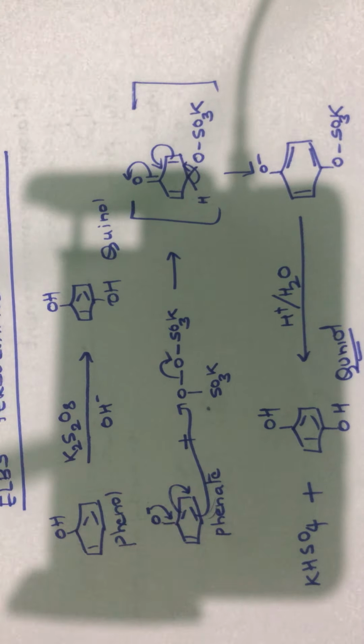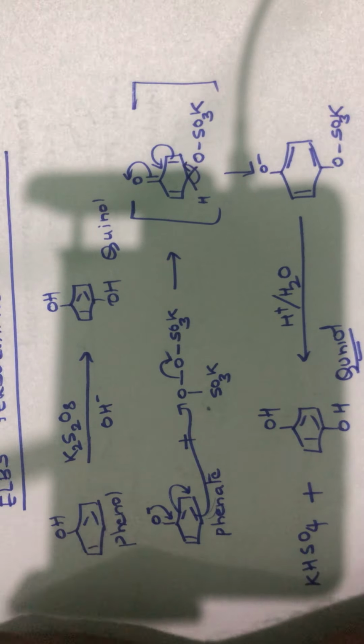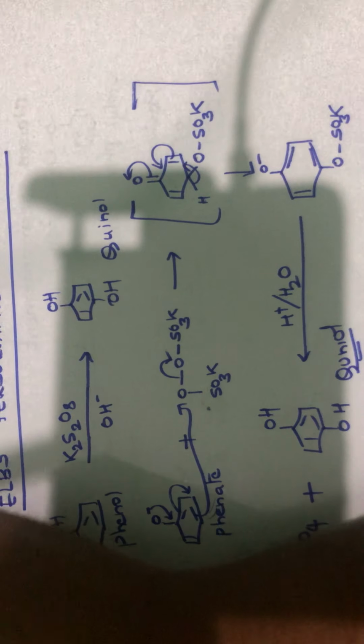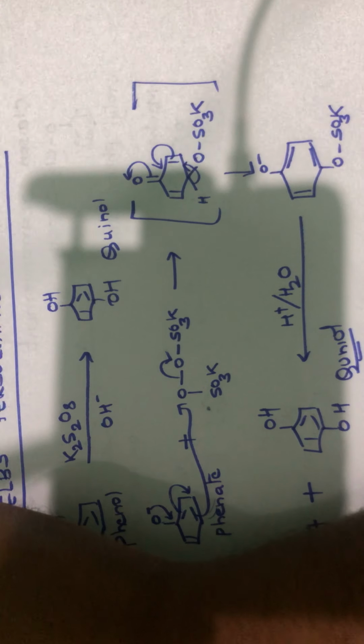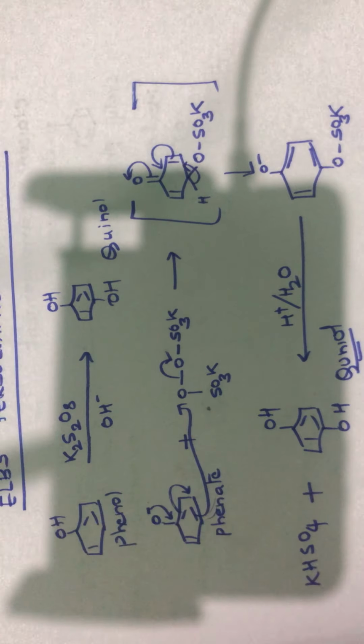Now, these are the two important reactions that are there. So let us move on to another reaction, the Lederer-Manasse reaction. Another important reaction that is called the Lederer-Manasse reaction.